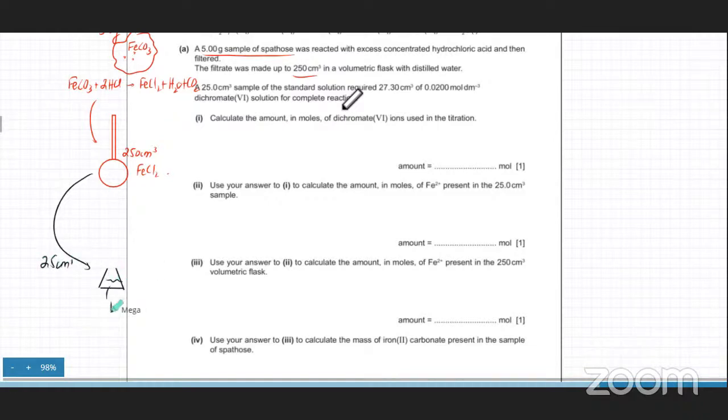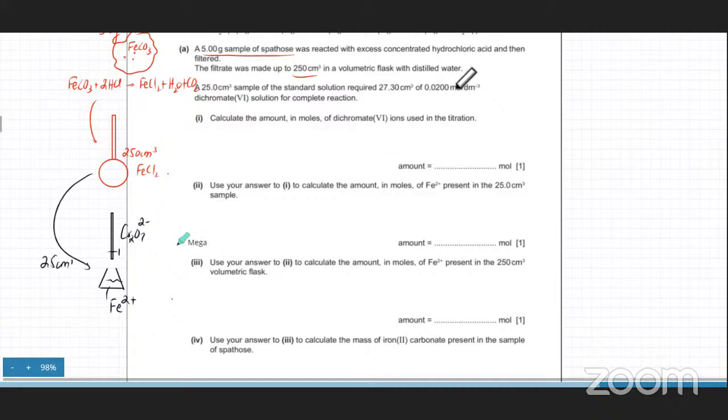It definitely contains Fe2+ ions or FeCl2, and they're titrating it with something from the top. From the burette, they're adding dichromate 6 solution, that's Cr2O7 2-. And they've given us the volume that's being used, and the concentration is also provided.